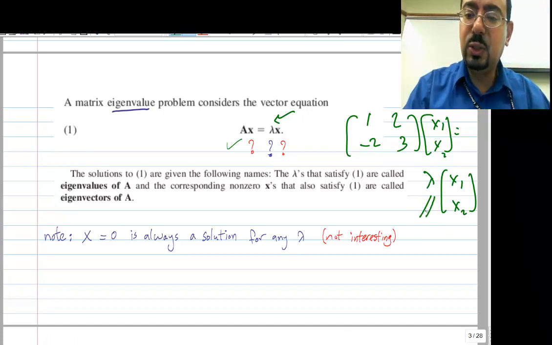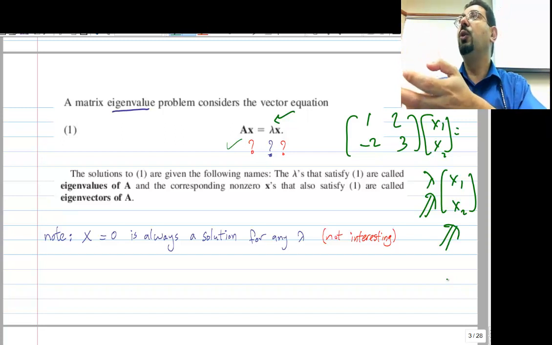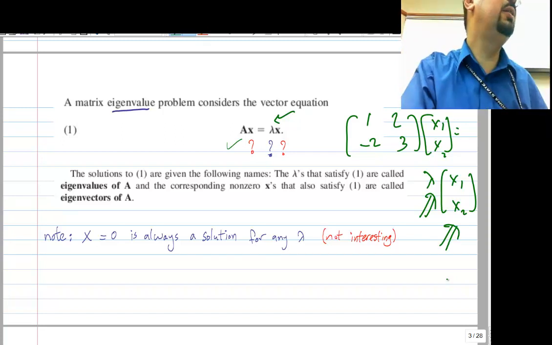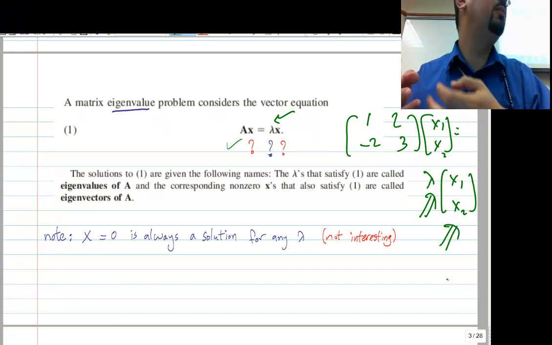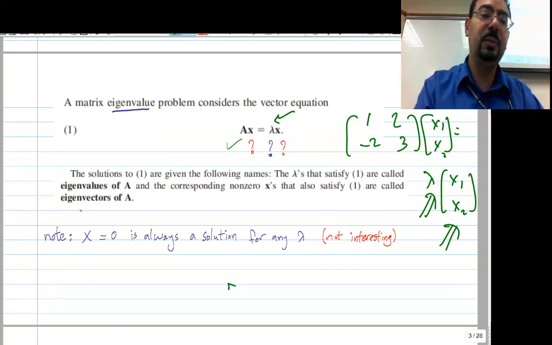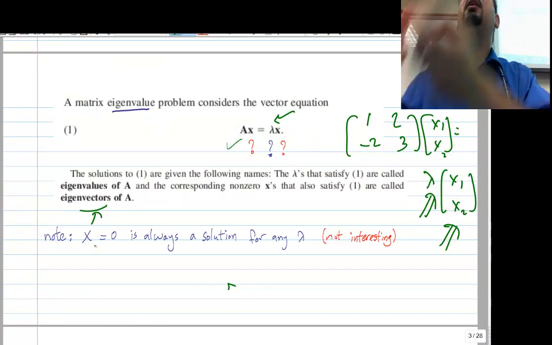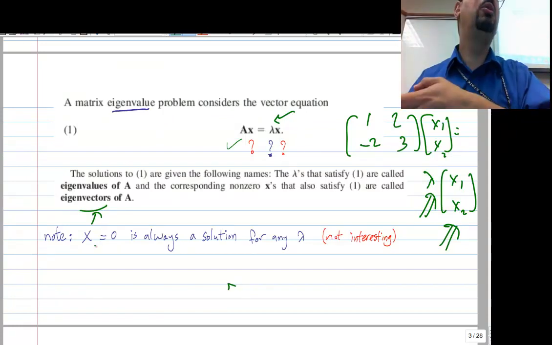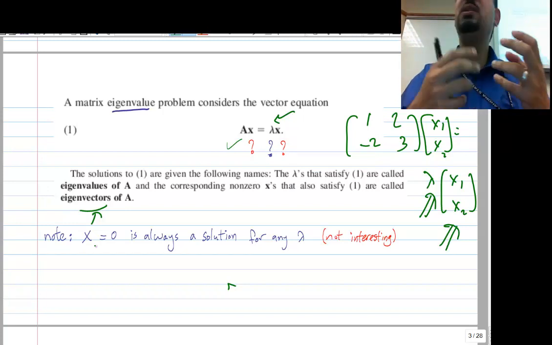So this lambda is called the eigenvalue, and that vector that will do that trick also, that multiplying the matrix by that vector will result in the same as multiplying lambda by that vector, is called the eigenvector. So every eigenvalue will have an eigenvector. And the homework this week is basically about this.